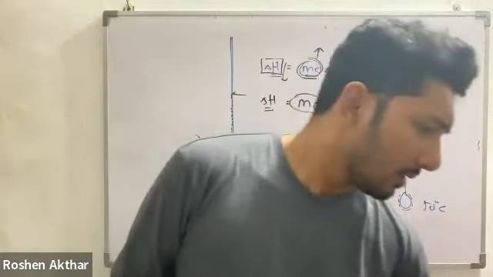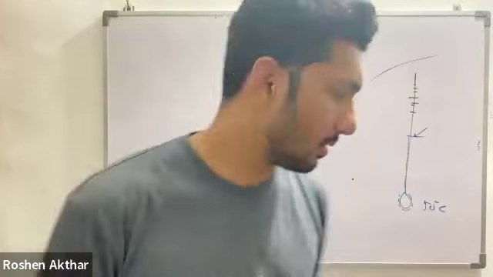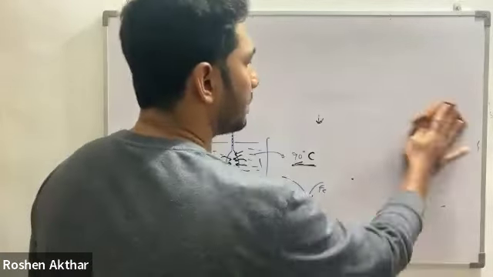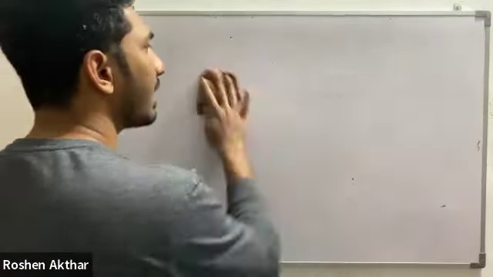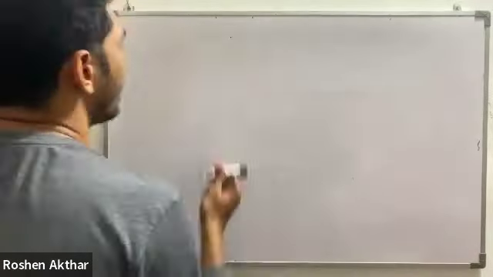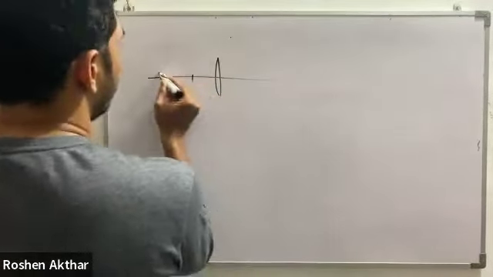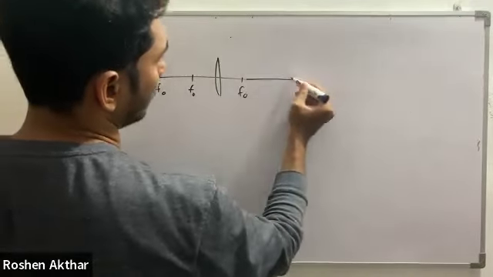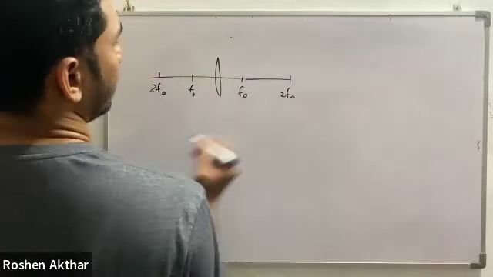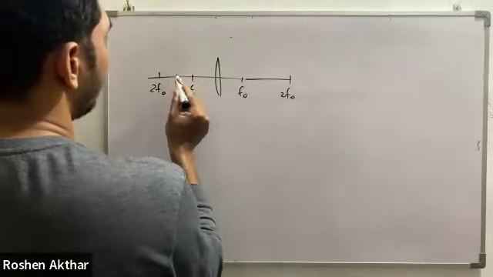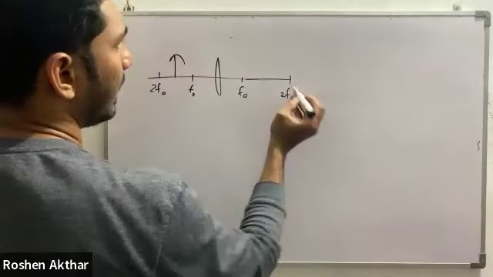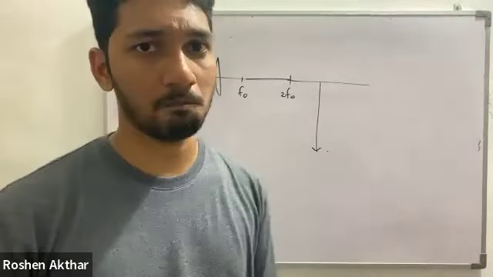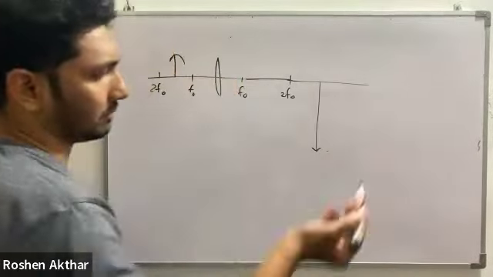So the distance between lenses. Initially, you know that there are two lenses. The objective will produce a real image, the magnified one. These are the Fs and 2Fs of the objective. You keep the object here and it will produce an inverted, magnified, real image, upside down.